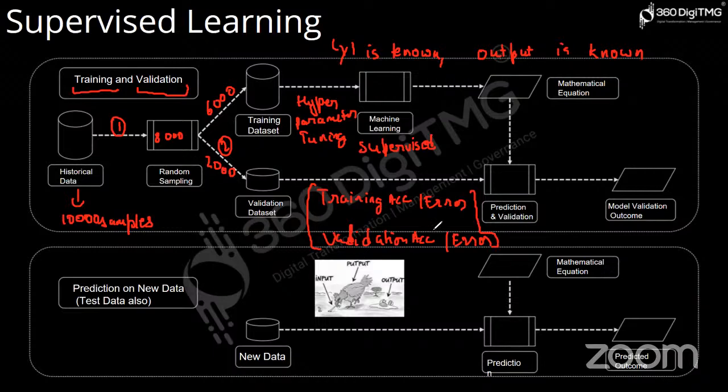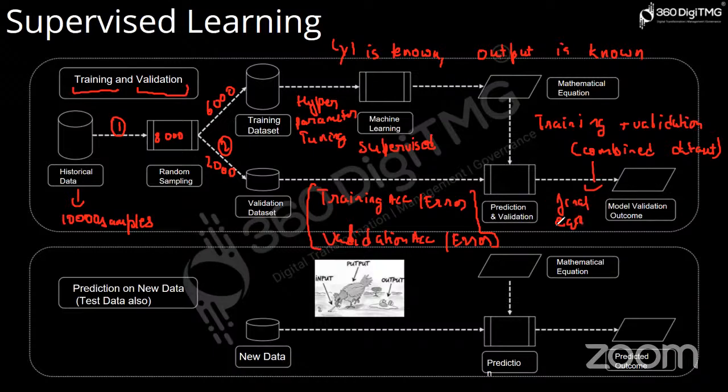Once you get very good training accuracy and validation accuracy, you take the training data plus the validation data. You combine them together and you create a combined data set. And on that combined data set, we apply a final equation. And then we take that model. This is our final model that we are choosing.